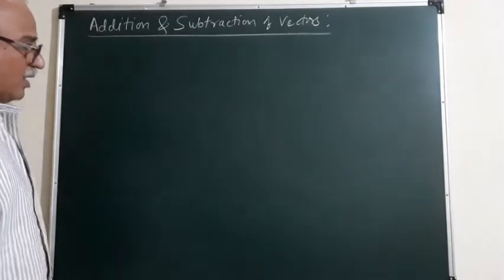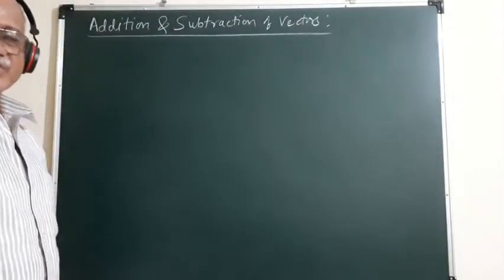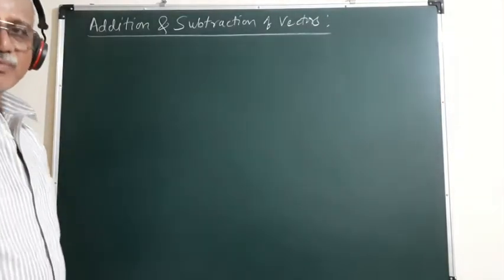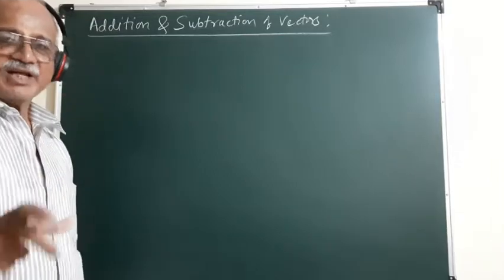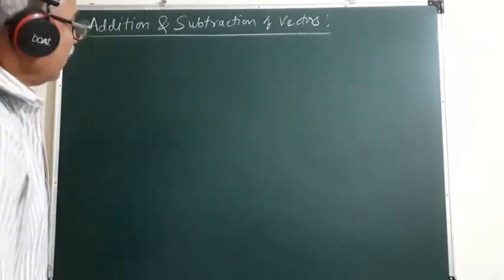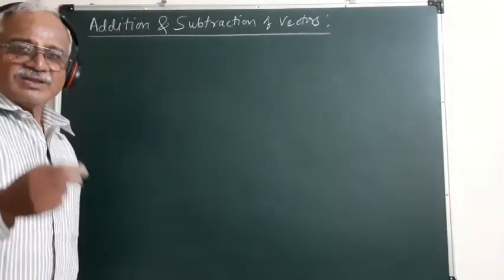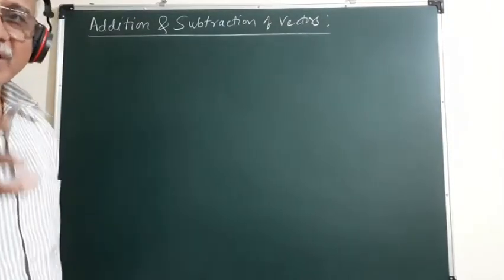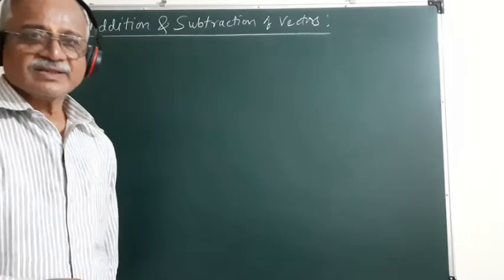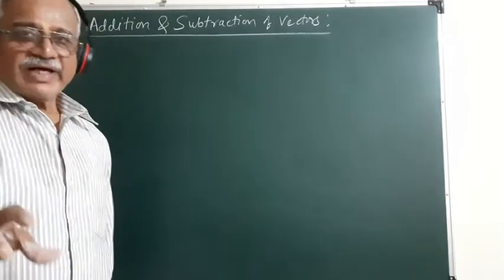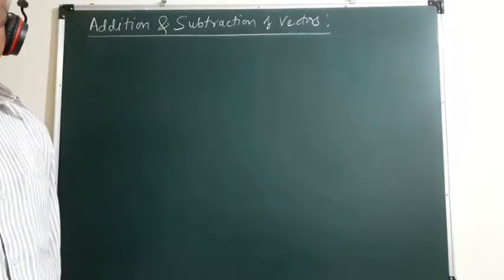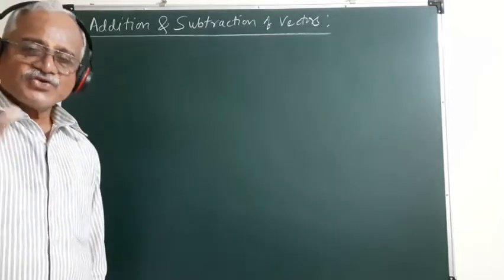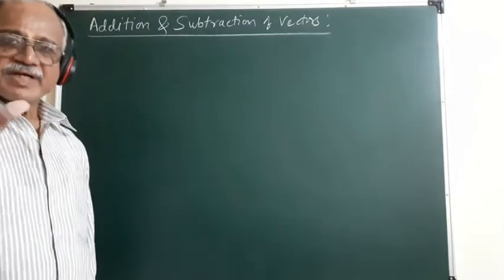However, when we deal with addition and subtraction of vectors while studying physics, it is very important to remember that whenever we try to add or subtract vectors, all the vectors to be added or subtracted should be of the same kind.